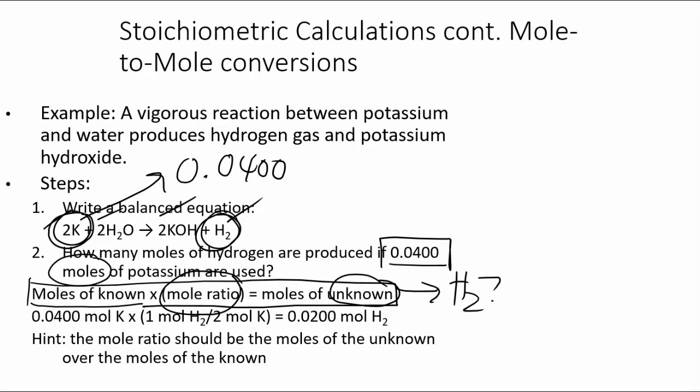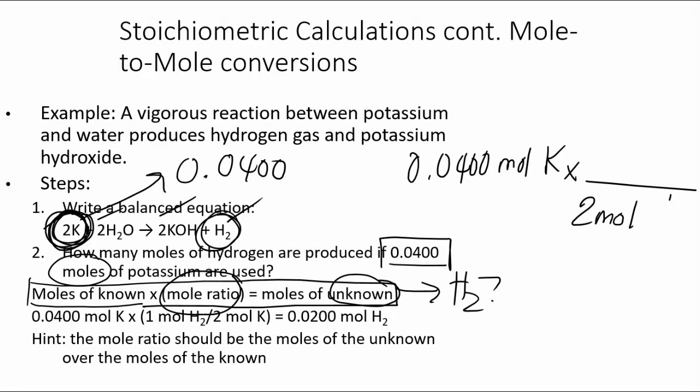So, ang moles of known natin ay we have 0.0400 moles of potassium times the mole ratio of potassium. So, sabi natin dito, 2 moles of potassium is equivalent to 1 mole of H2 gas.